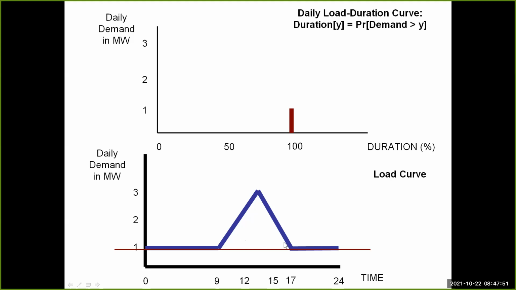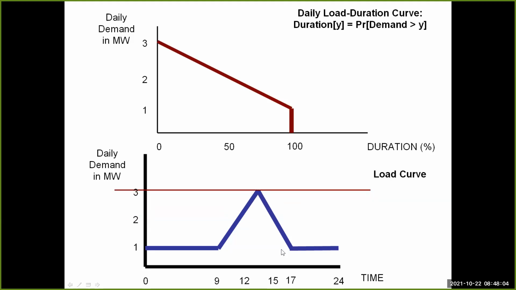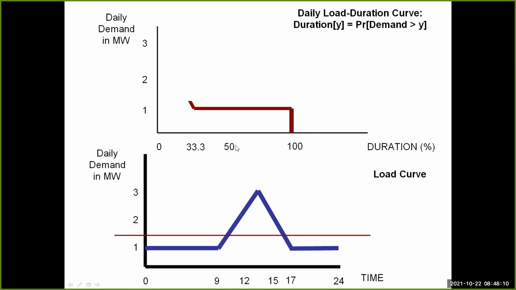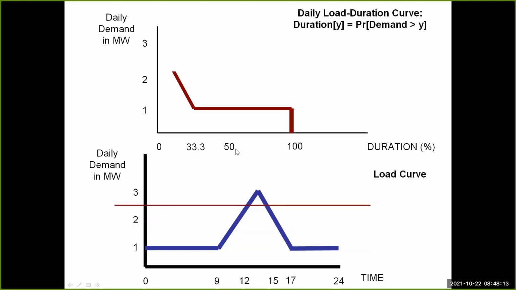That's only these hours here. That is these 8 hours. So that is only 1/3. So this is wrong. It should jump here all the way to the left, and then go up like this.